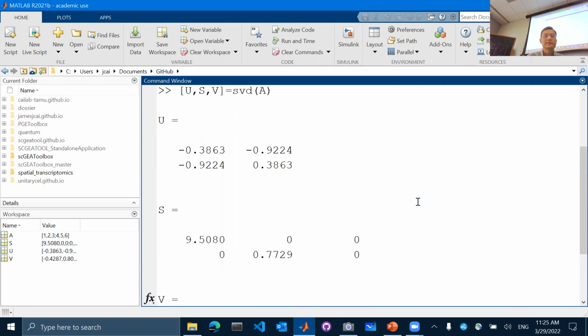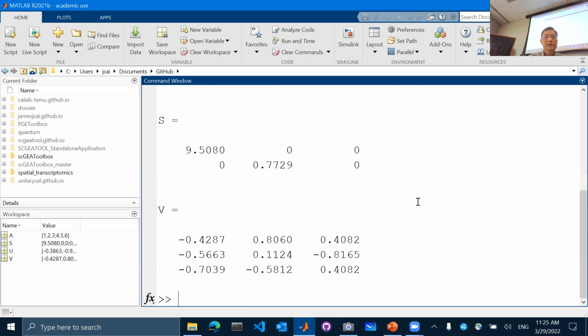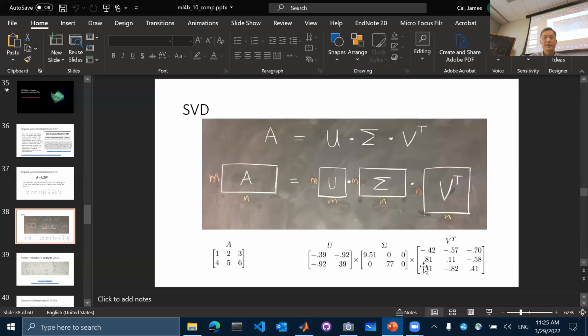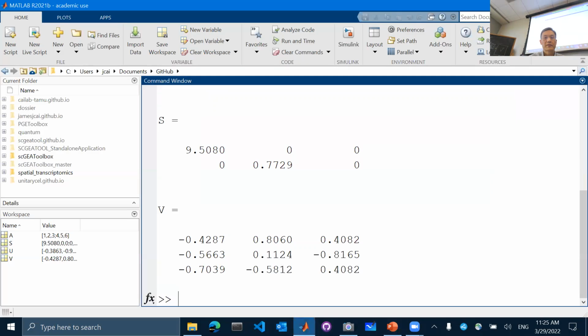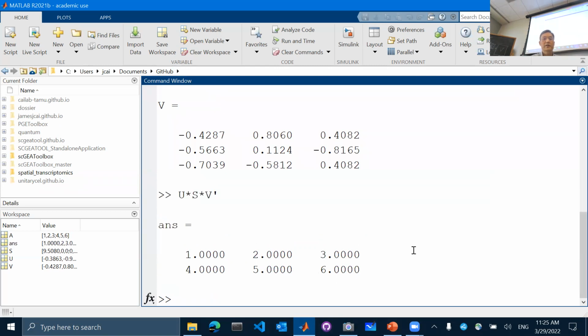The values are the same as what you can see from here. Now, if I multiply them, I get the original A matrix. Original matrix. Okay.